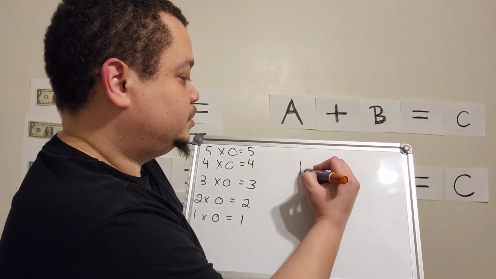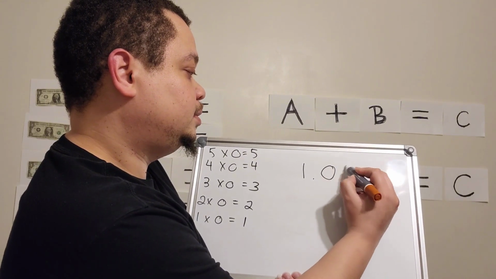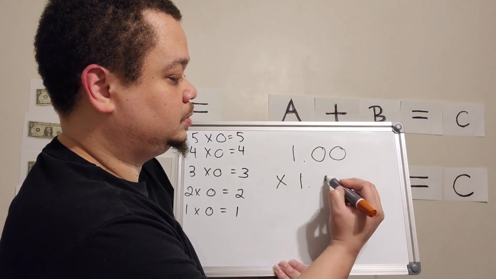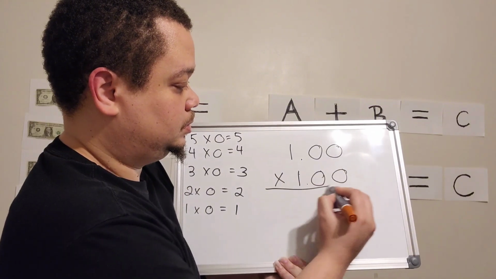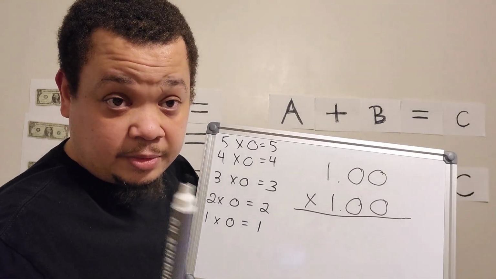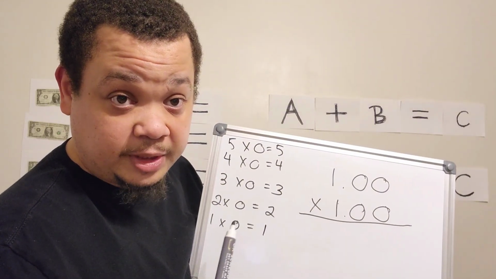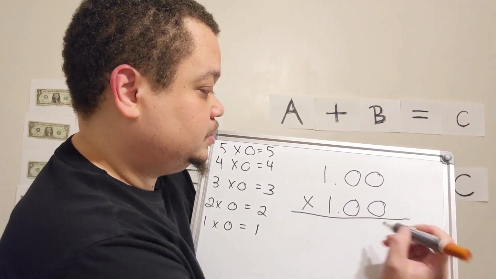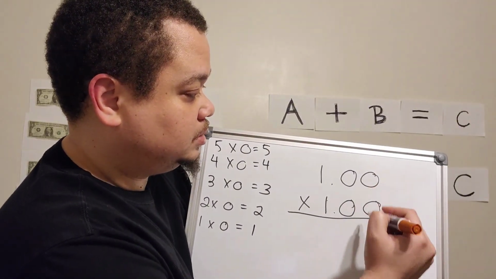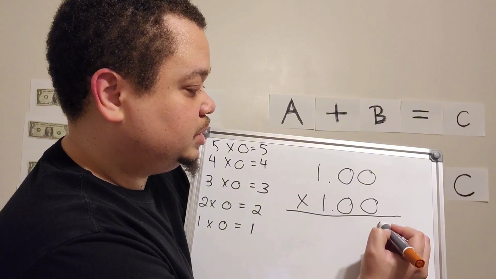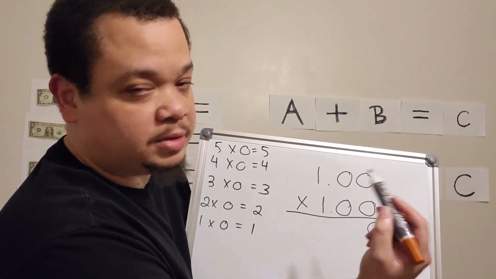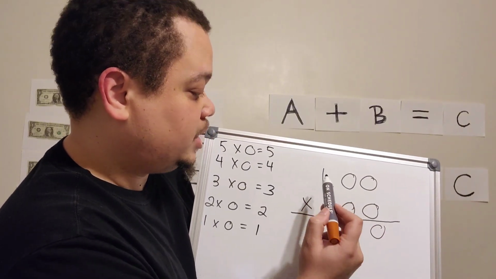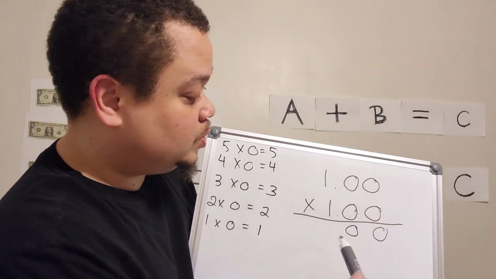Now, let's do 1 times 1. Now, remember, this is what 0 is. Let's get to it. All right, so 0 times 0, 0 times 1 is 1.